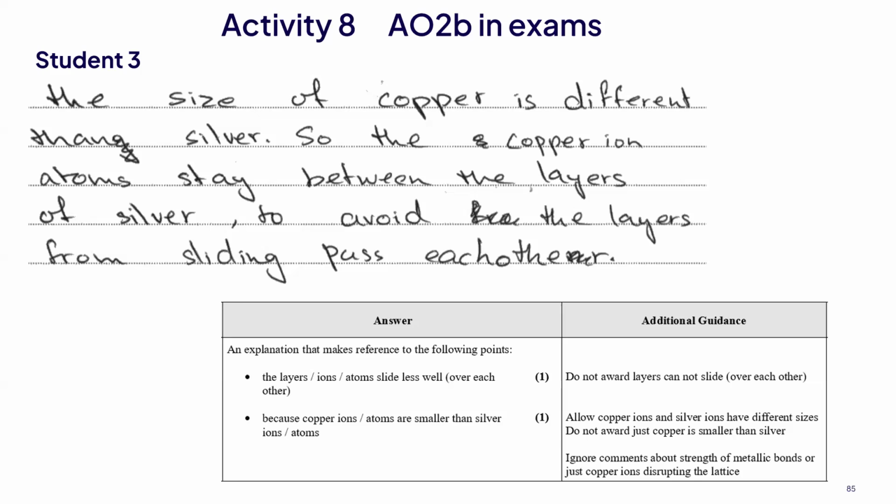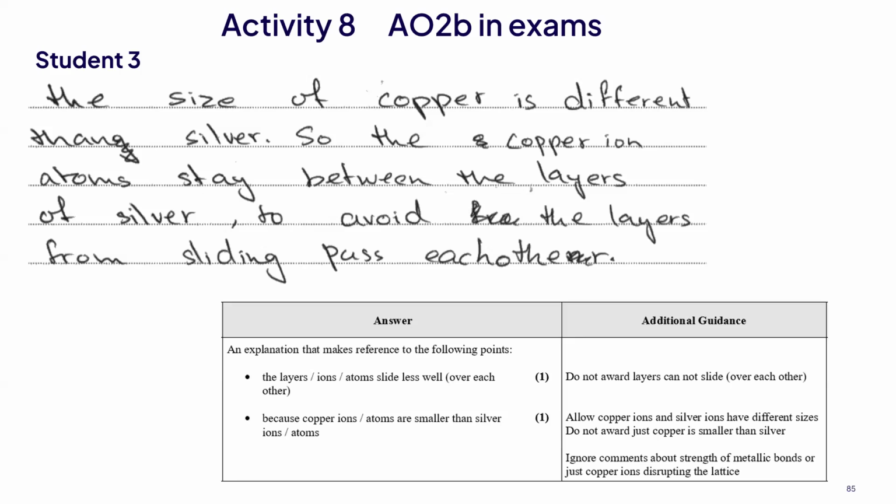So the question now is, is this student aware that there are actually ions present in the alloy, even though they've only mentioned one of the ions, copper ion? So would you like to err on the side of generosity?